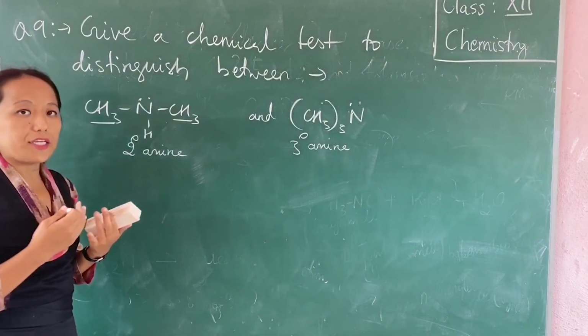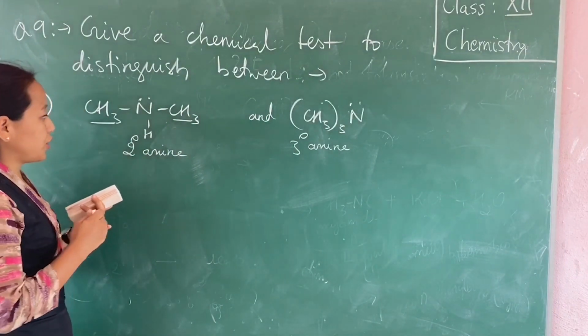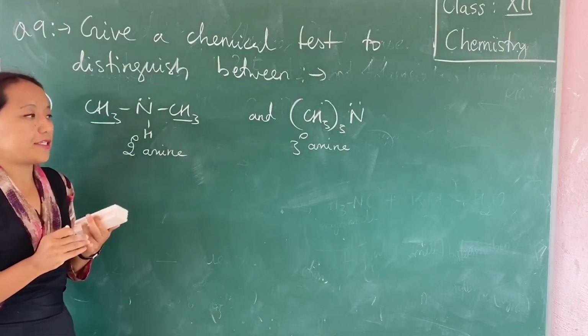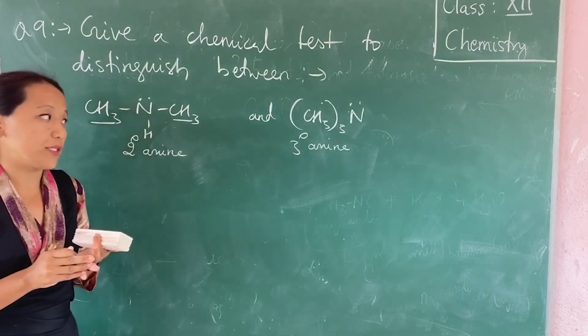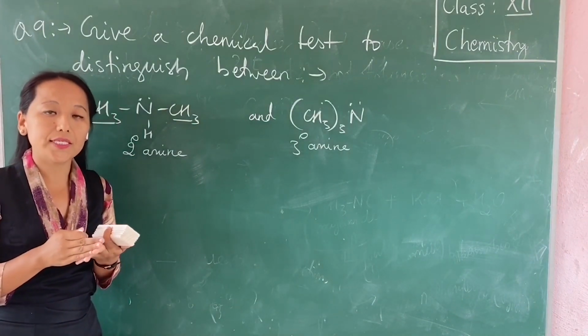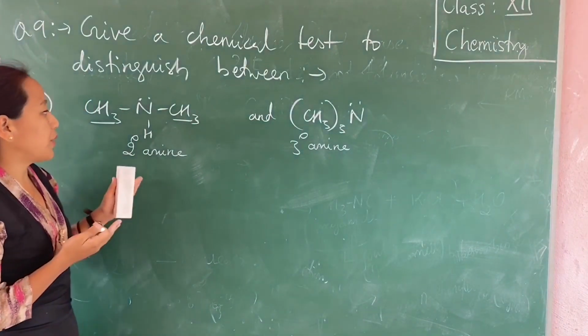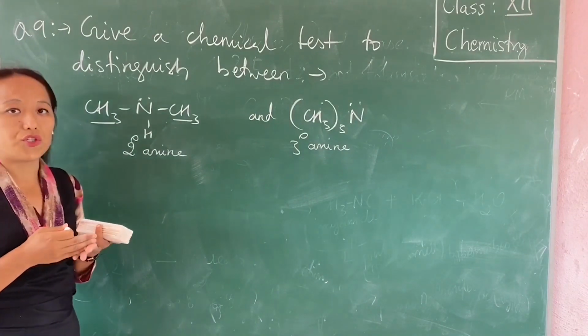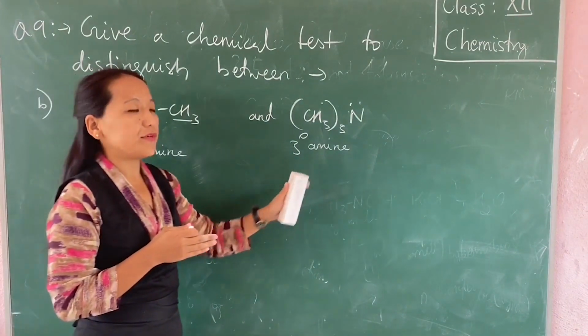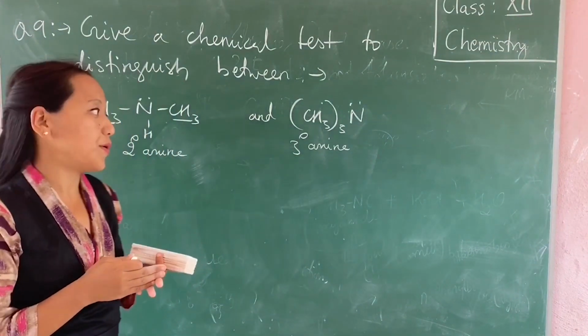You can use reaction with nitrous acid, in which the secondary amine will form a nitrosoamine compound and tertiary amine will form a nitrite salt. And you can also use reaction with aryl sulfonyl chloride. In the case of secondary amine, it will form a compound which is insoluble in alkali solution, and the tertiary amine will not react with aryl sulfonyl chloride.